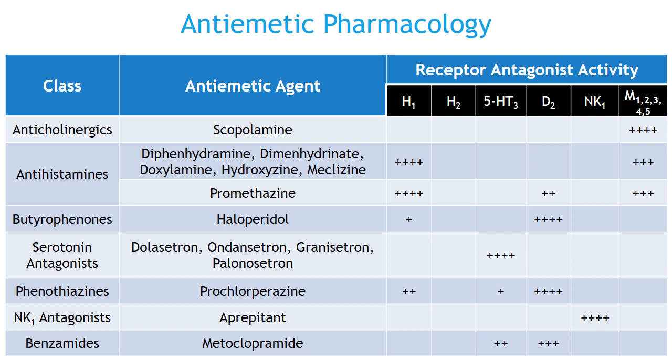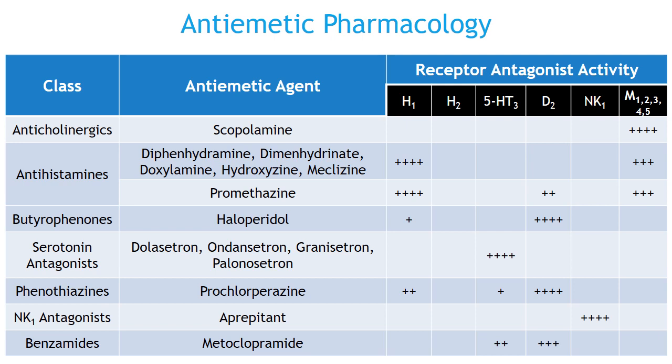Okay, and a little bit of serotonin, which is not that important. But prochlorperazine, I don't think it's often used for motion sickness, but it does have the H1 effect, and it has a D2 effect, which means it's prokinetic.